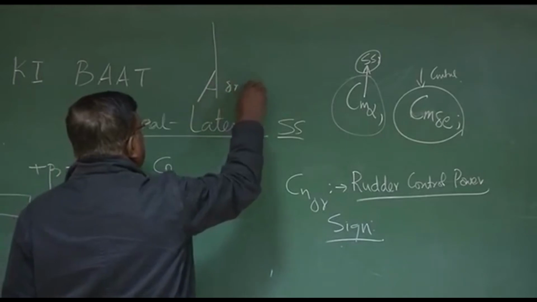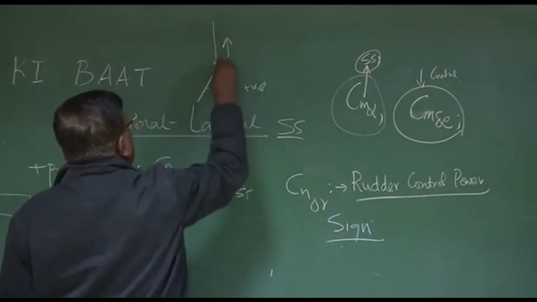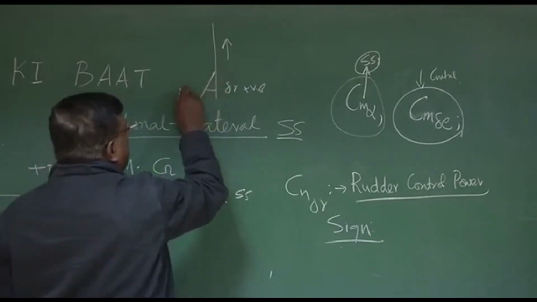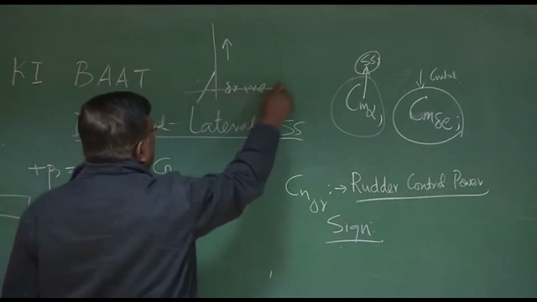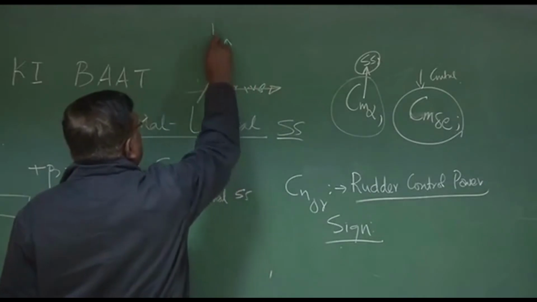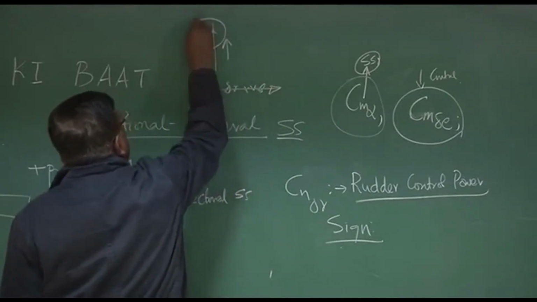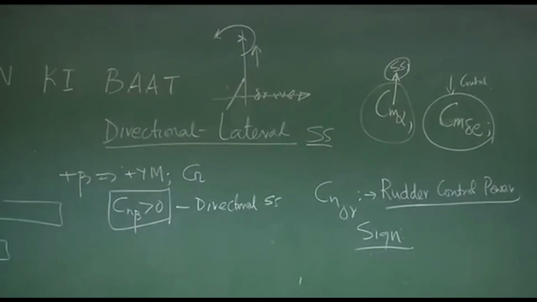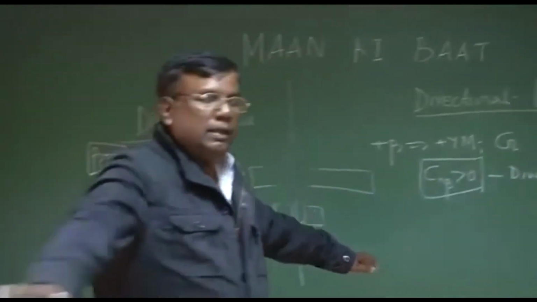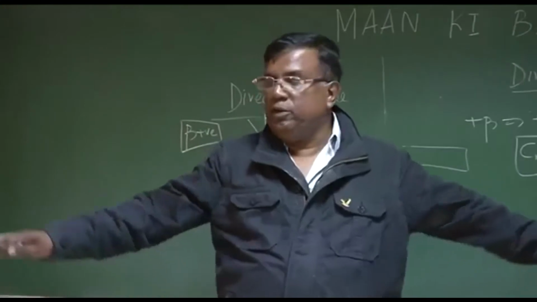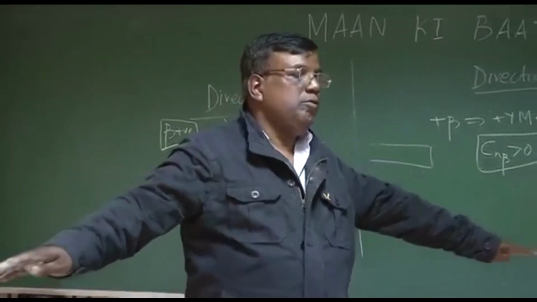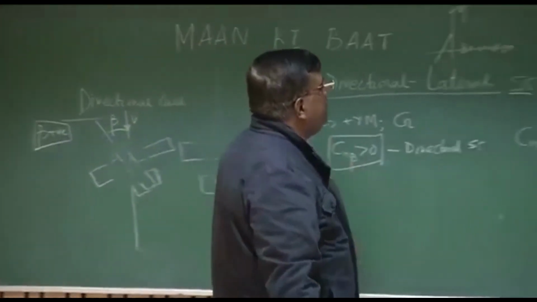Delta R is positive if I'm flying like this and the rudder is deflected towards left. If it is deflected towards left and is moving like this, force will act in this direction over the rudder, and about CG, it will give a moment like this. If you look from the top, isn't it? So that means the airplane will turn like this. And you know yawing moment positive is this, right wing going back, but in this case, this is left wing going back. So this yawing moment is negative.